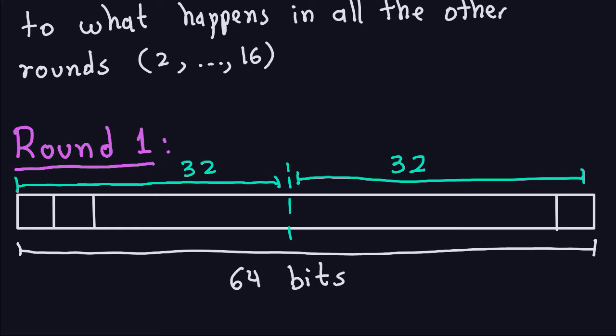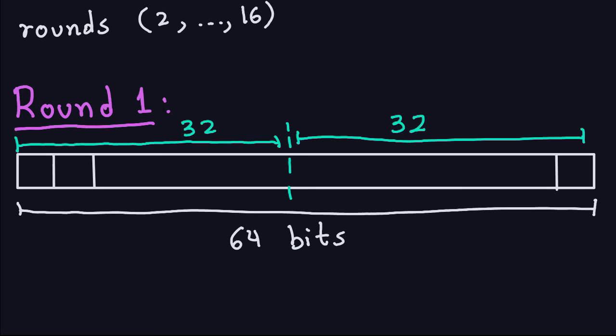Now we're going to introduce some notation as I go along. You see I have a 32-bit block on one side and a 32-bit block on the other side. I'm going to call this the left side and this, of course, the right side. The left side I'm going to call L0.